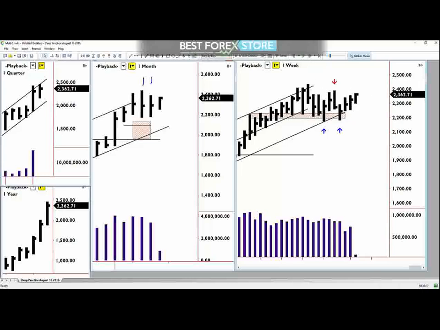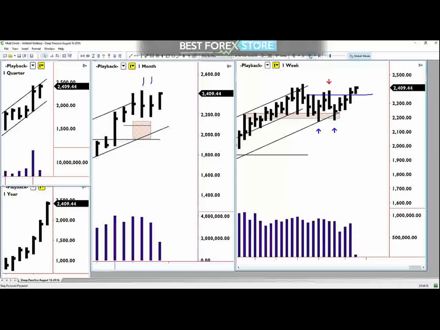But remember, we want to get above this level here from that resistance earlier, right? So we have some volume, more volume coming in. This is good. This is very bullish in here.